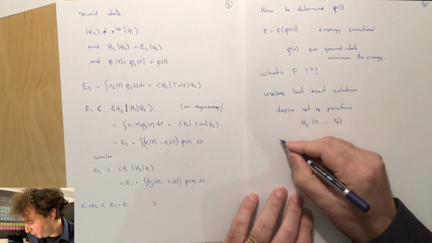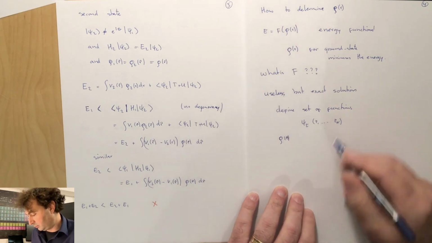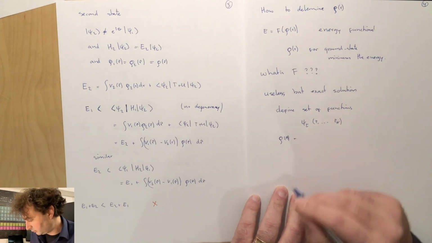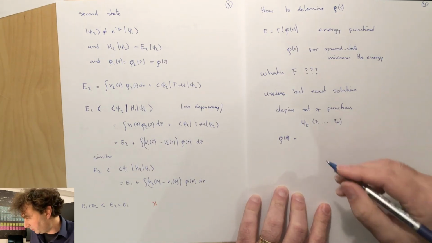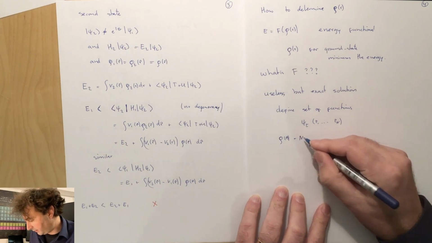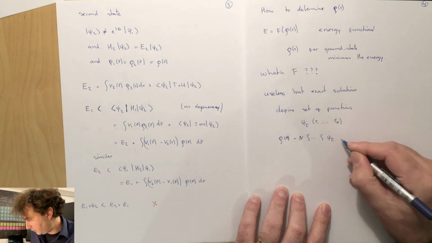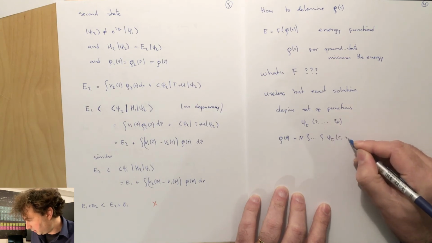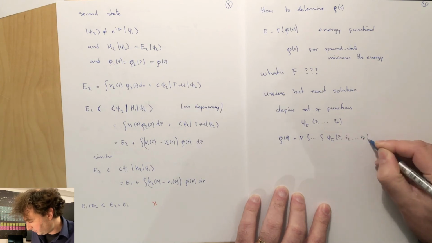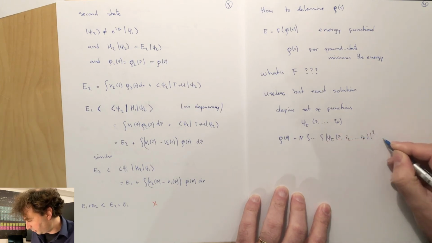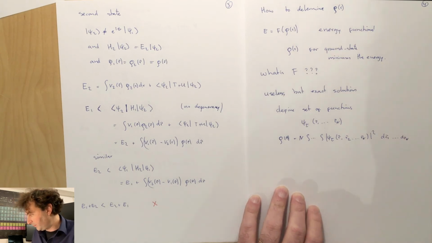Then from these functions we can define a density. So we want to define all functions of this form, which of course is an infinite set. And we define the density, as we normally do, integrating over r2 up to rn the norm squared, dr2 up to drn.